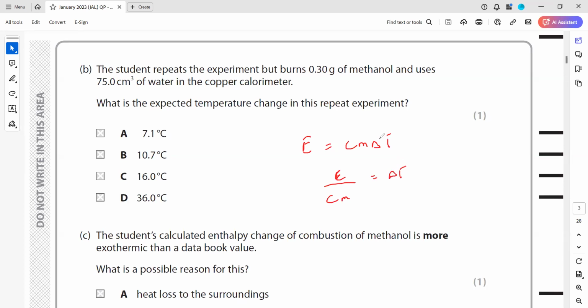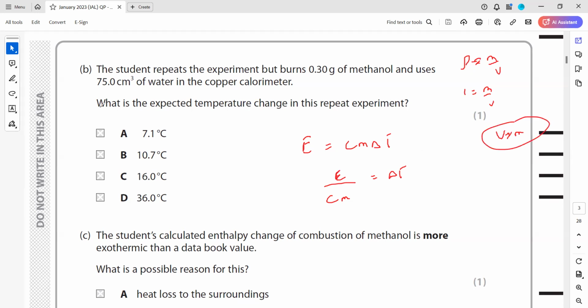So temperature change is directly proportional to the energy released or the number of moles, and temperature change is inversely proportional to the mass or the volume, because density is mass over volume. As the density of water is 1 gram per centimeter cube, the mass of water will be the same as the volume of the water.